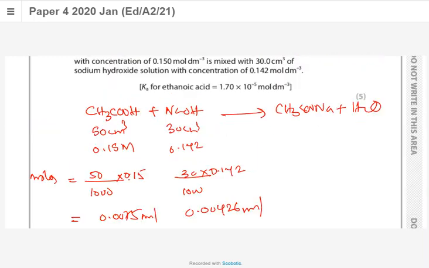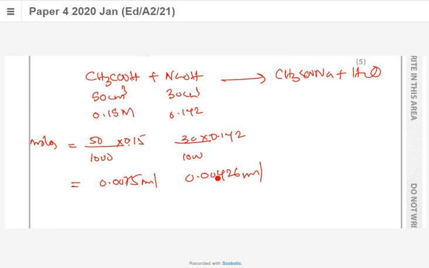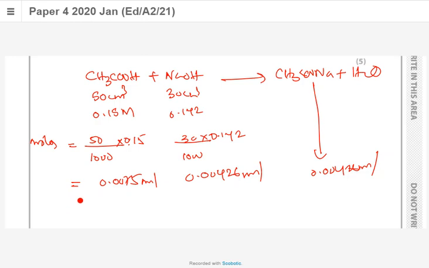Now, 1:1 ratio, so all of the sodium hydroxide is going to react, right? And that will be the amount of salt which is formed, just 0.00426 because of the 1:1 ratio. And then the remaining acid moles. Because a buffer depends on the acid concentration and the salt concentration, we need to work these out.